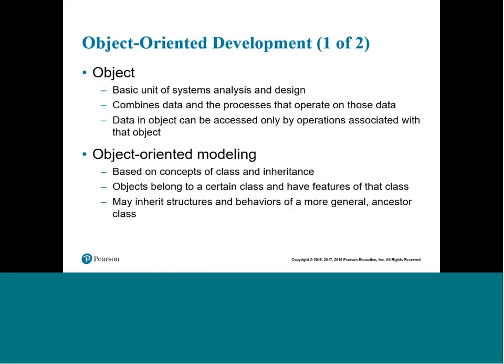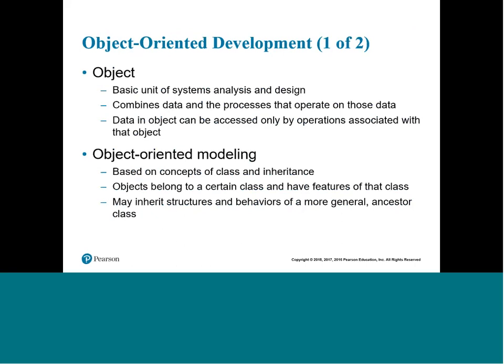Object-oriented development has been around for about 30 years, and it's based on an object, a basic unit of design. It combines data and the processes that operate on and transform that data. Data in the object is accessed only by operations associated with that object.